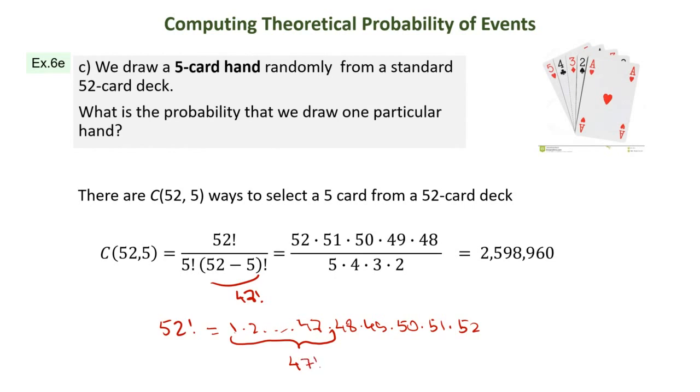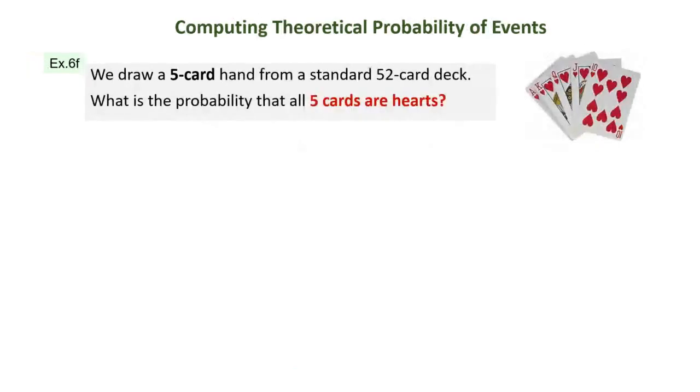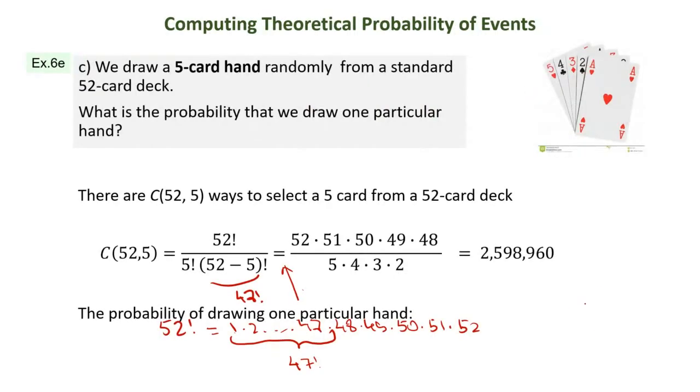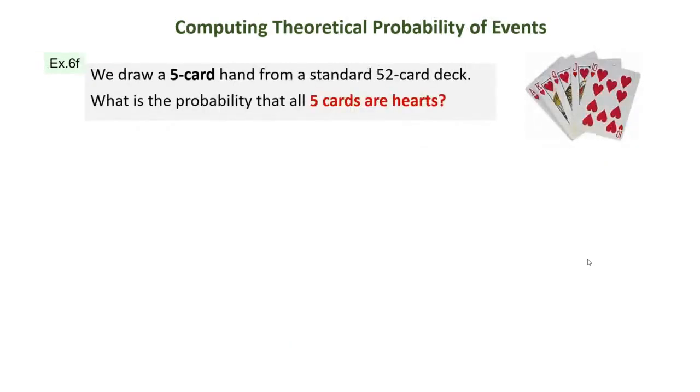This allows us to cancel 47 factorial from the numerator and from the denominator. So accordingly, the probability will be 1 over 2.5 and so on million. So a very, very small number, the probability of one particular hand.